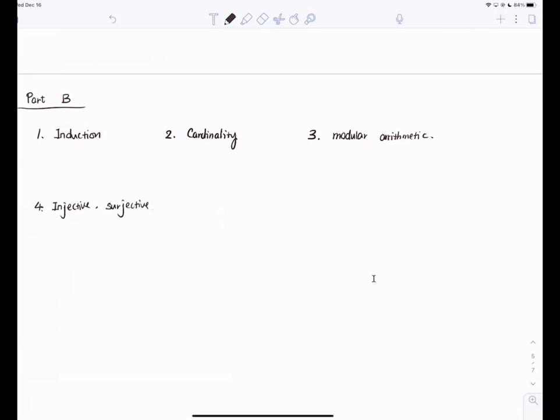Modular arithmetic, make sure you go over in-class breakout room questions. Pretty important. Those are pretty important.